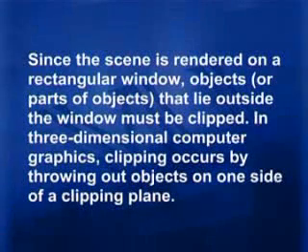Since the scene is rendered on a rectangular window, objects or parts of the objects that lie outside the window must be clipped. In 3-dimensional computer graphics, clipping occurs by throwing out objects on one side of a clipping plane.